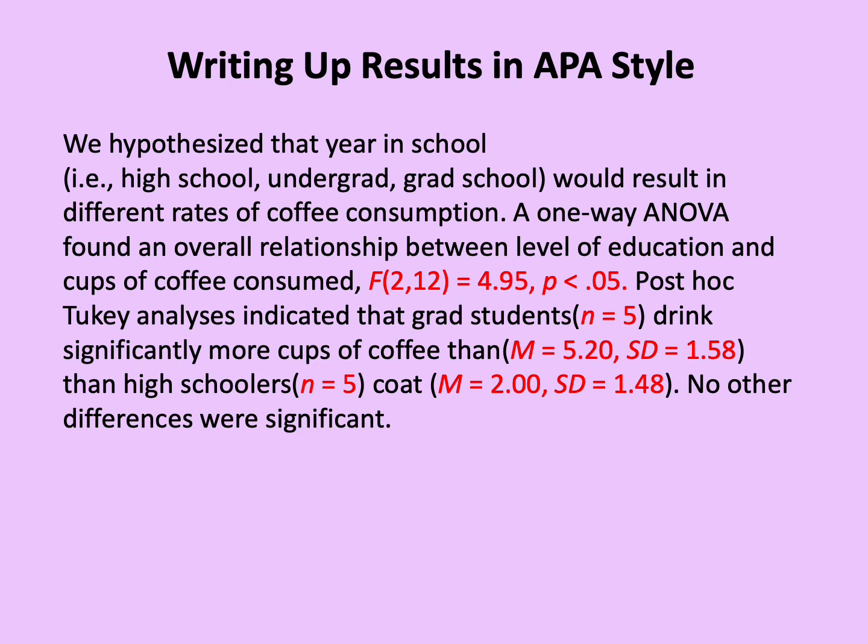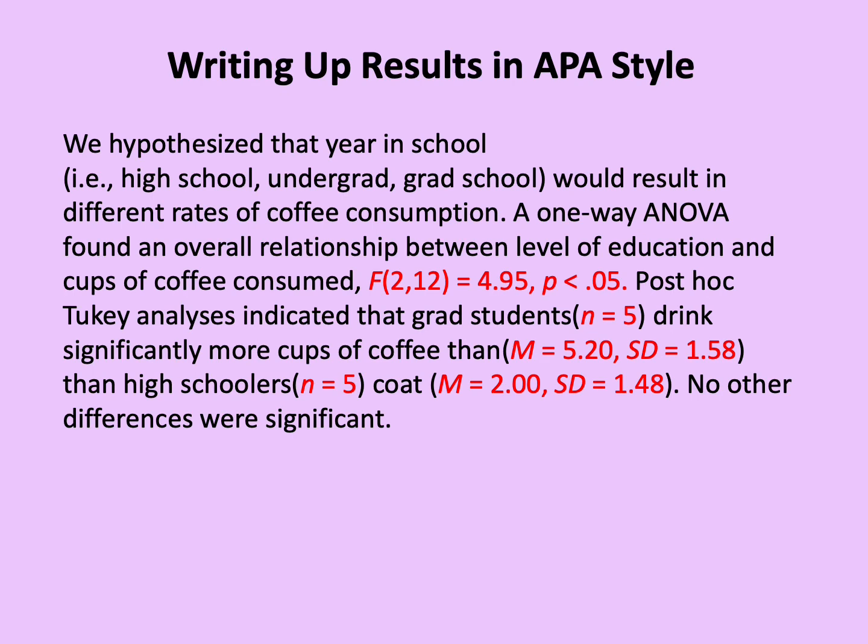So post hoc Tukey analysis indicated that grad students, and then we're going to include our sample size. Again, that N is italicized, and the equal sign is separated by 2 spaces, one before and one after.